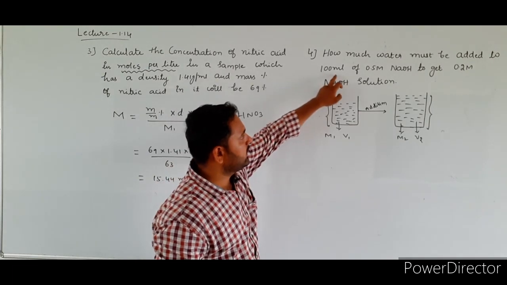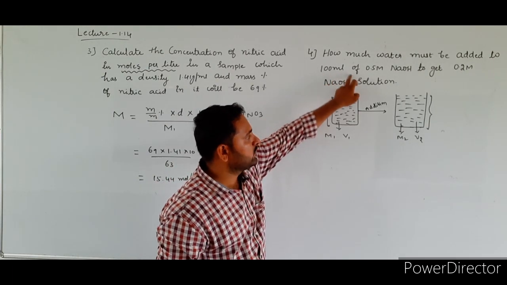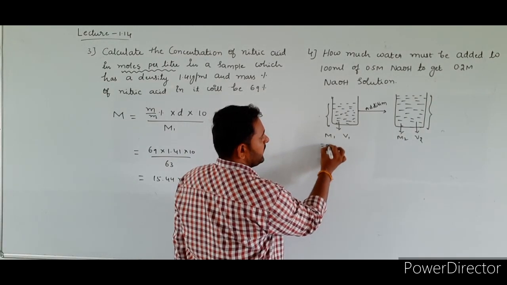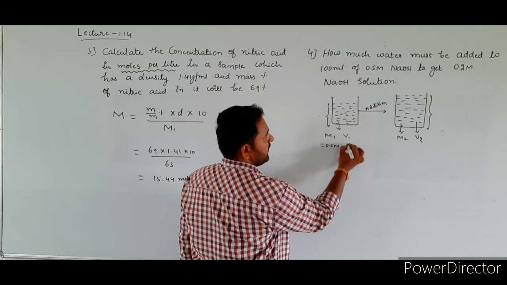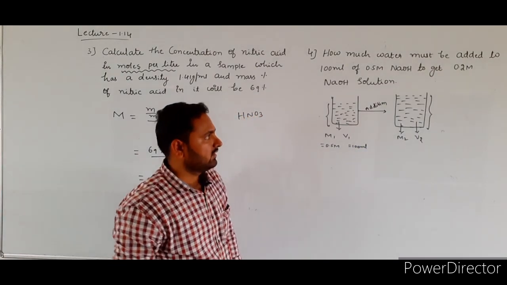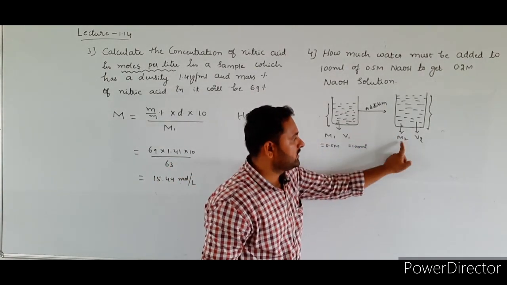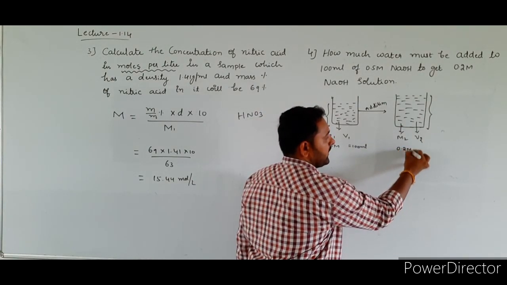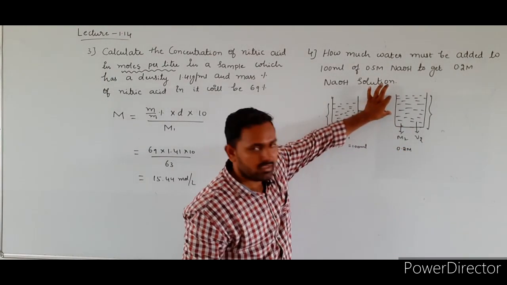Now he is telling that before dilution, before addition of water, the molarity is 0.5 molar and the volume is 100 ml. To get 0.2 molarity, how much water is added?